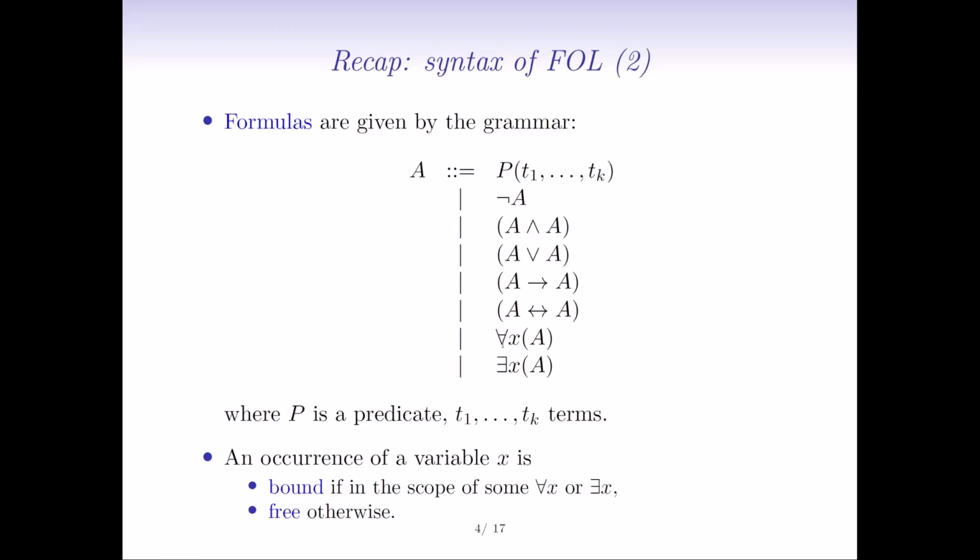So this quantifier for all x binds all the occurrences of x in A. And if the occurrence does not fall within the scope of any quantifier of the same name, then it's called free. And that pretty much takes us up to the end of where we got to last lecture.